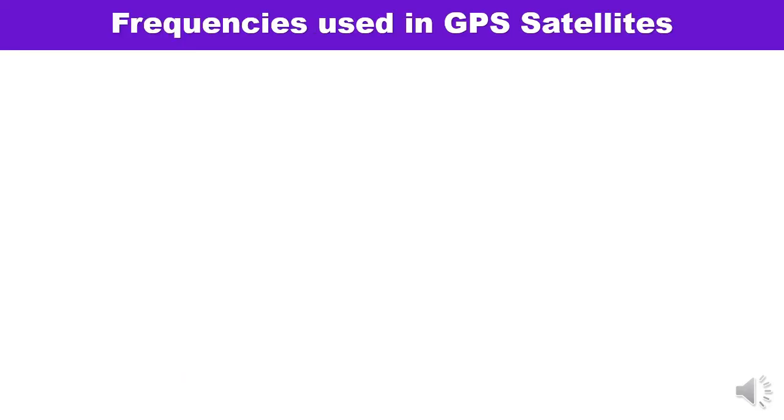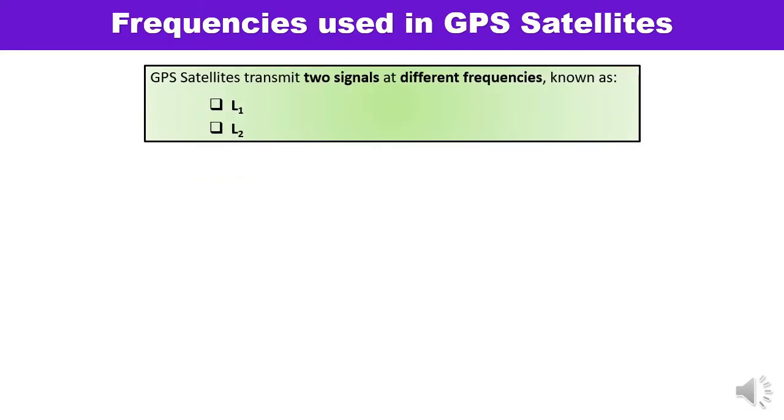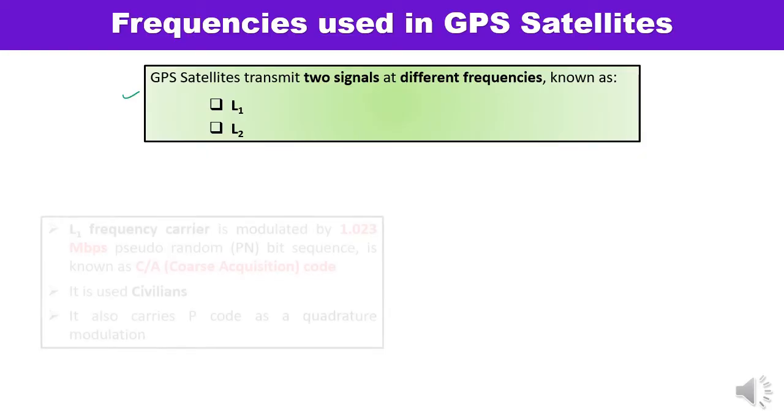Now, before moving to the GPS code, we first need to understand the frequencies used in the GPS satellite. The GPS satellite transmits two signals at different frequencies, known as L1 and L2. What is L1 and what is L2? Let us talk about this.